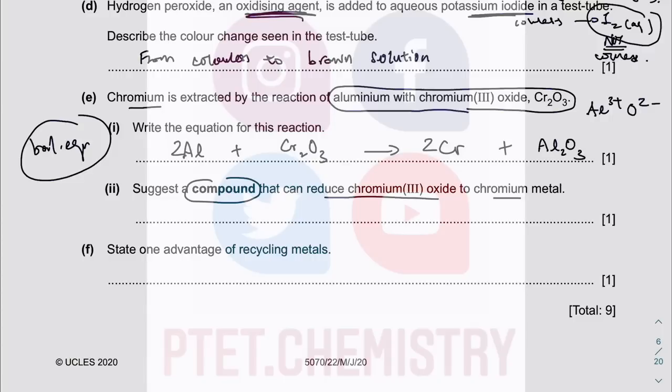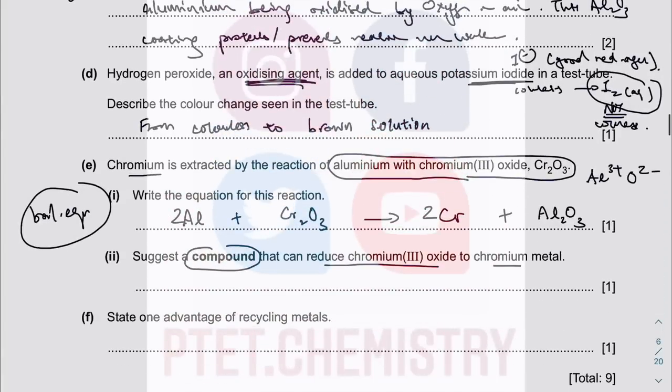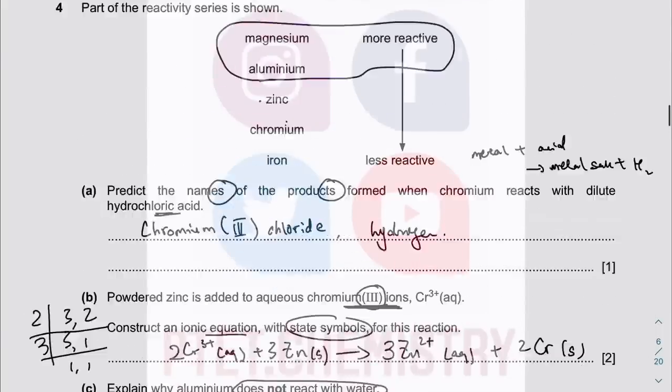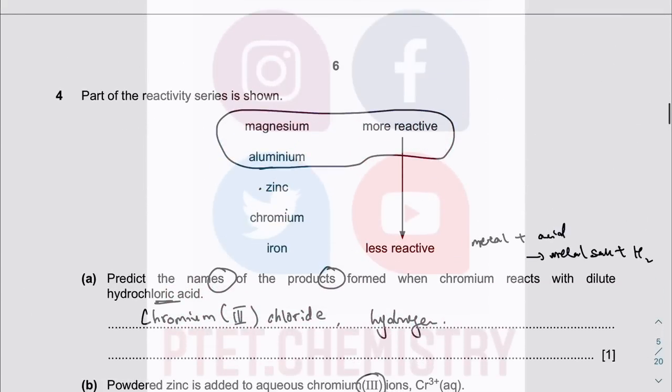You want to suggest a compound to reduce that to that. So, you want chromium 3 to go to chromium. So you want to displace chromium to form this chromium metal, right? So to do that, you need a more reactive metal compound that can displace chromium out of chromium compound.